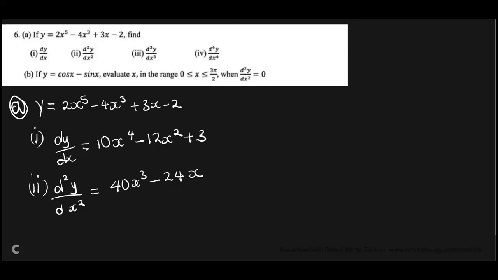Then they're also saying that we need to find the third derivative, so we have to differentiate this for the third time. The third derivative, d cubed y over dx cubed, will be 120x squared minus 24.